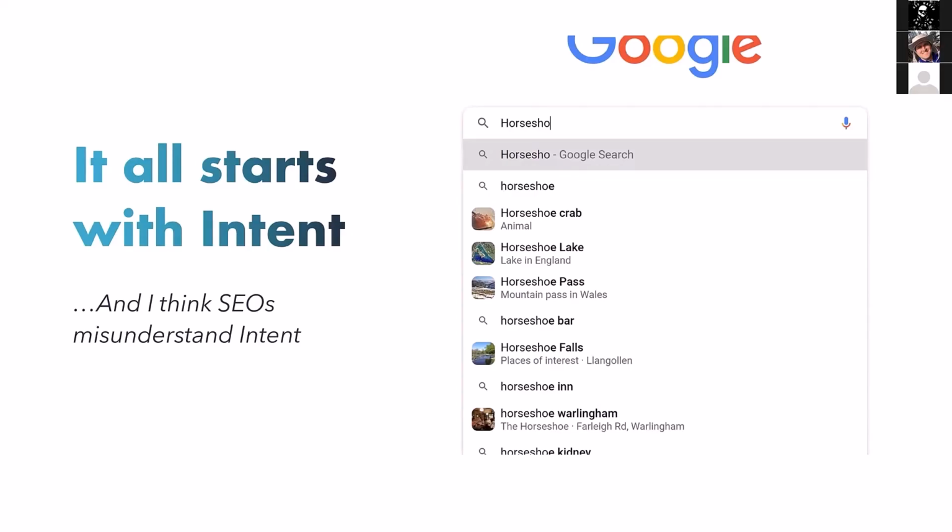Look, they've got pictures of these things. They understand these concepts, and they're already trying to guide the user down a set of entities, real world ideas, so that if Google can get that right, then the rest of Google's search is going to be easy, as long as you've communicated well that your site is about a horseshoe crab and there's a match with the searcher who was searching for a horseshoe crab.